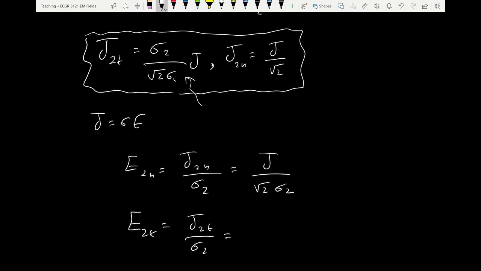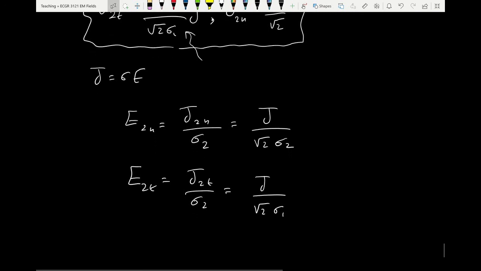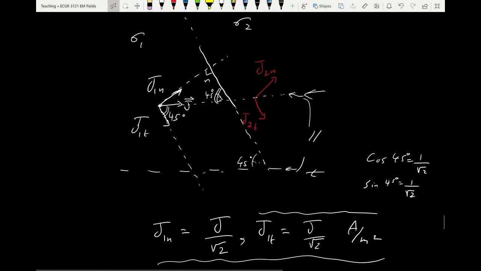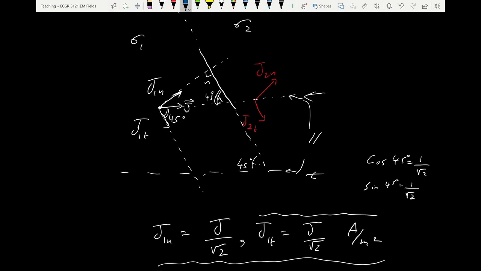We divide it by sigma 2, which cancels out the sigma 2, and I end up with J over square root of 2 sigma 1. Okay, so I found E2n and E2t, right after the interface.